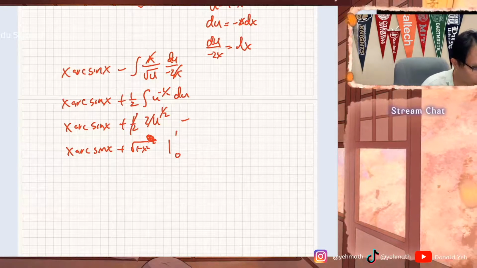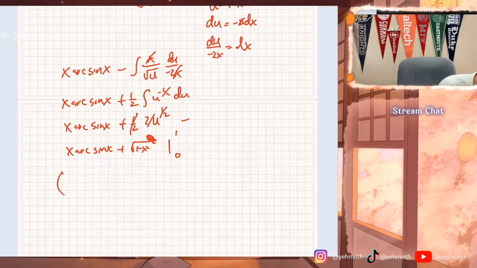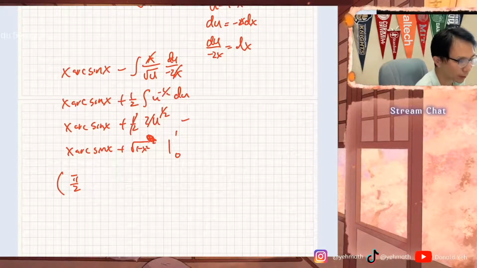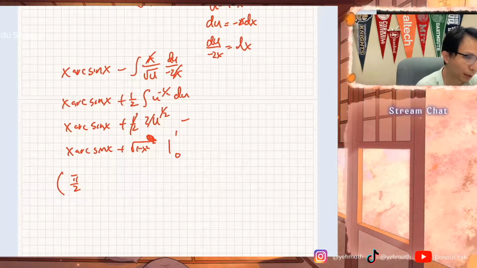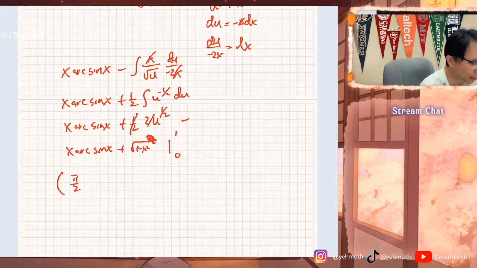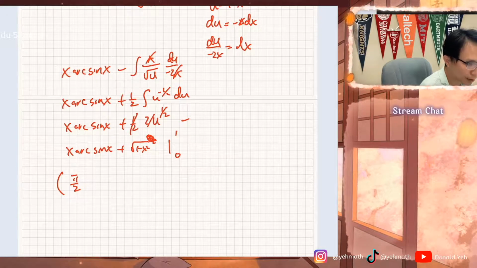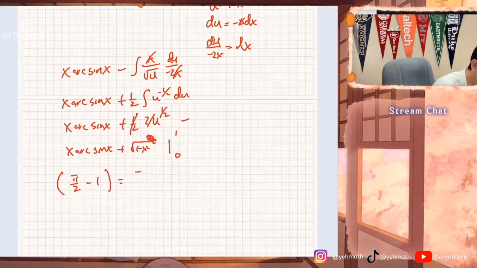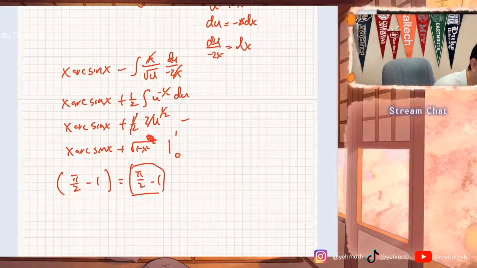And if I plug in 1 in the second part, it's going to give you 0. Now, what happens if I plug in 0 into the x arc sine of x? That's just going to be 0. And if I plug in 0 in the second part, it's going to be 1. So it's going to be pi over 2 minus 1.